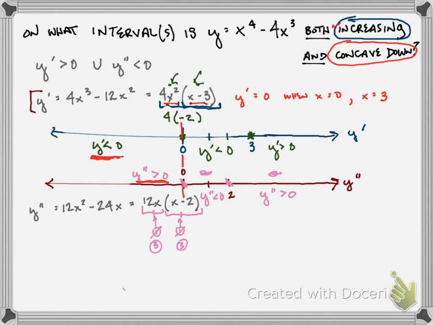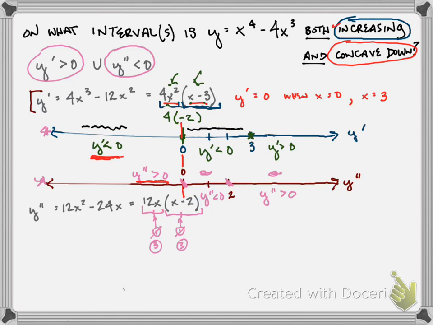Now the question again was, where are we increasing and concave down? In other words, where is y prime positive and at the same time y double prime is negative? So let's look at our number lines. We need to look at them both at the same time, and we're looking for intervals where that's true. Over here, y prime is negative, so we're decreasing, so that's out. On this interval, we're still decreasing, so that's out.